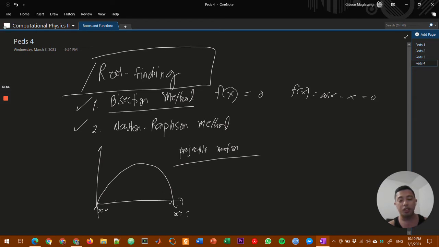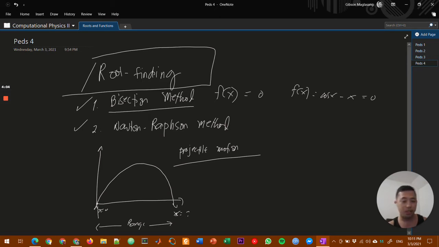Now, once you find that, you are able to determine, let's say this is actually the range, right? The range of the flight of your projectile if you throw something at a given initial velocity, okay? Let's say there is no drag force, frictionless.